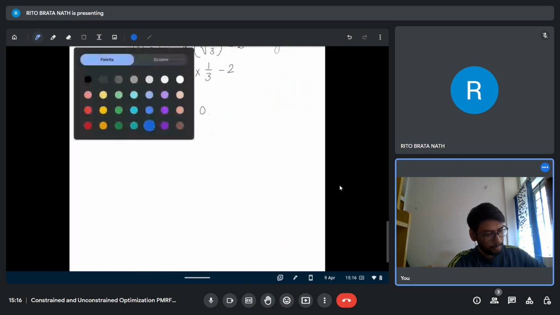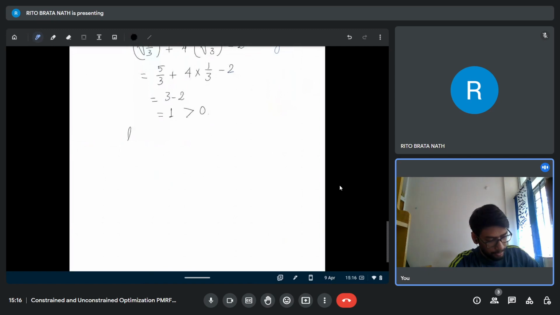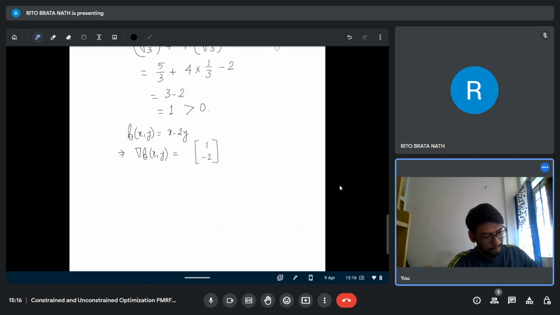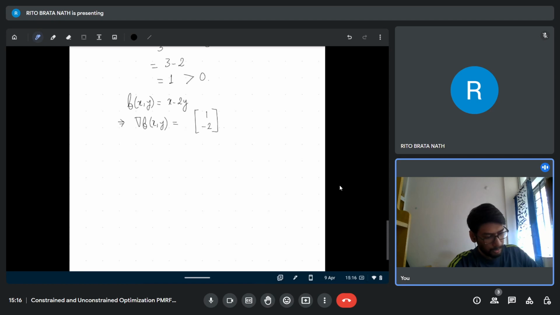So for that, what I have is f(x, y) is x minus 2y, and this gives me grad of f(x, y), which is (1, minus 2). So let me find out this one by one. For the first one, S1 transpose grad of f(x, y).